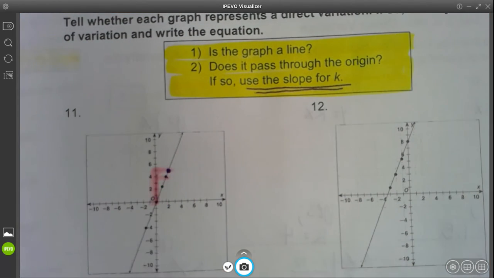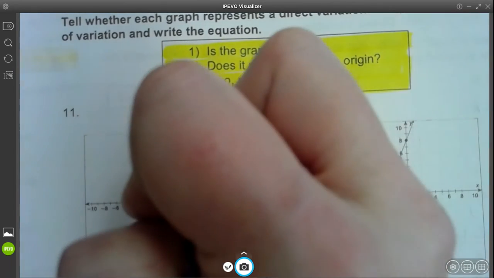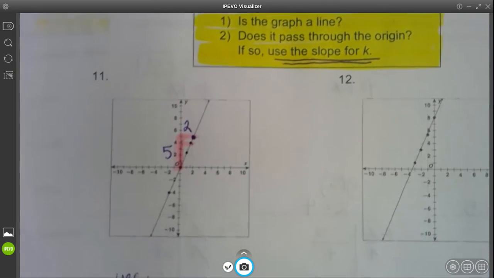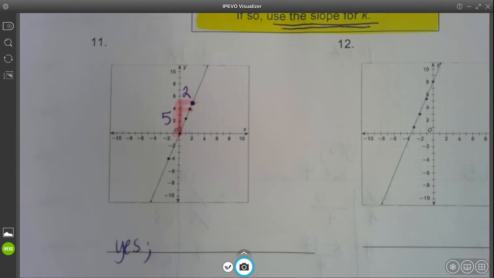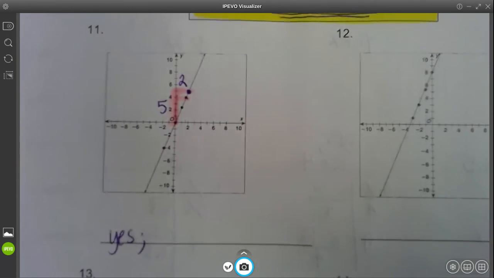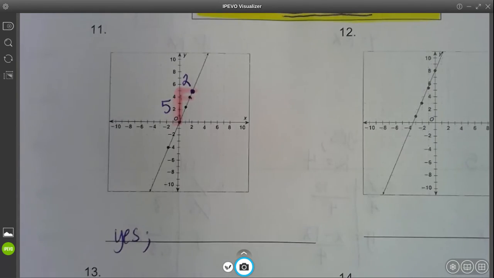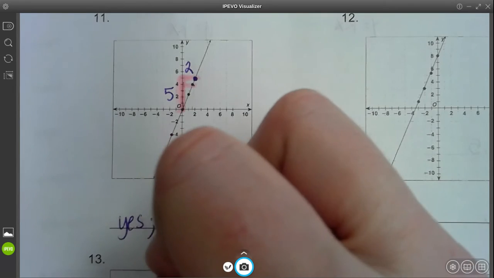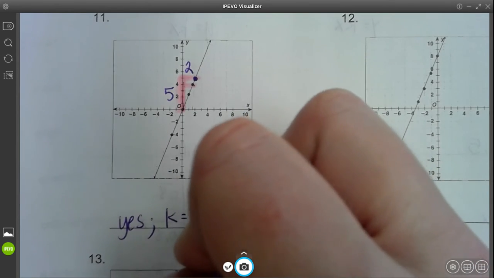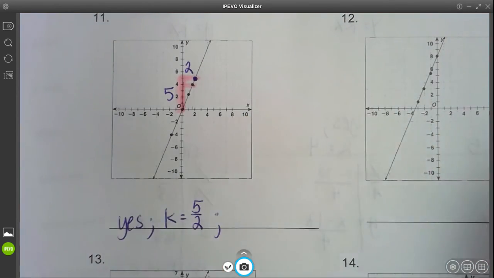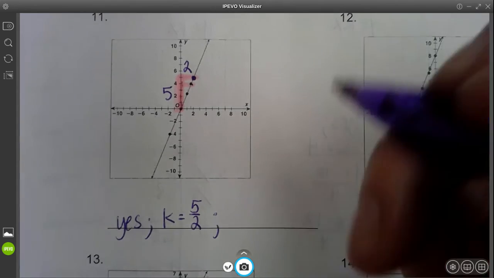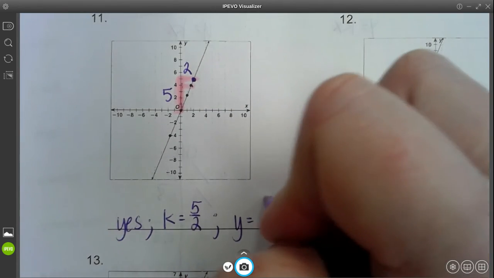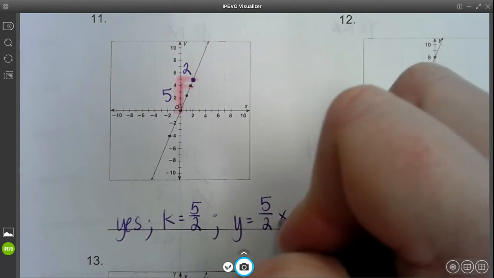So your slope, in this case, sorry, I apologize, we're going actually up 5 and over 2. That is our slope, which means that is going to be our k value, our constant of variation. And if that's our constant of variation, the equation is going to be y equals 5/2 x.